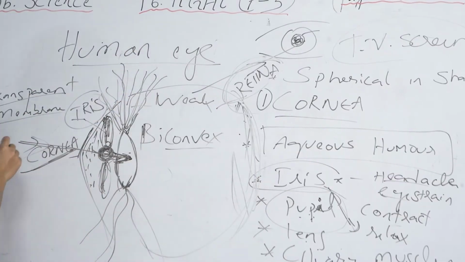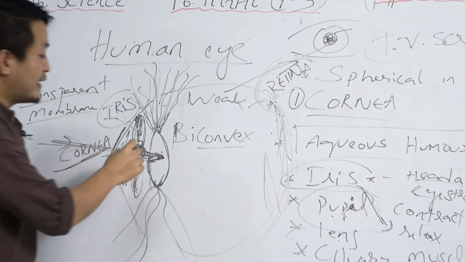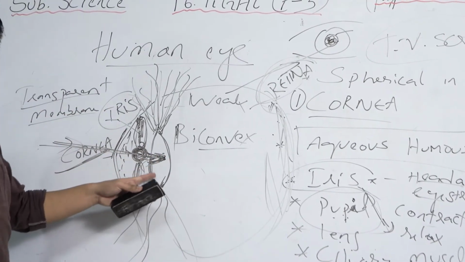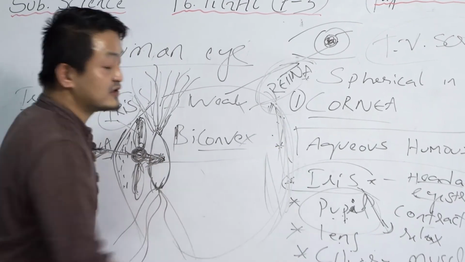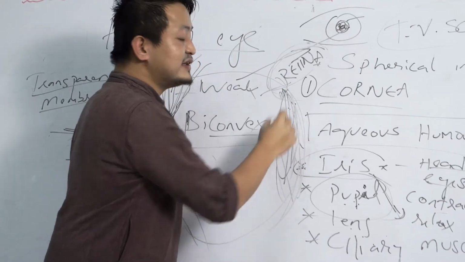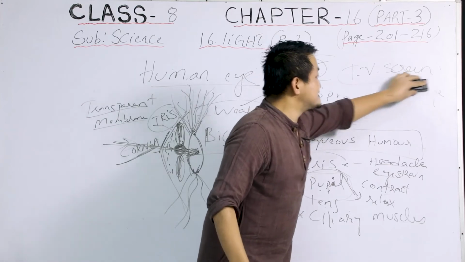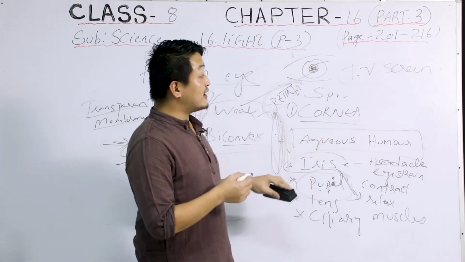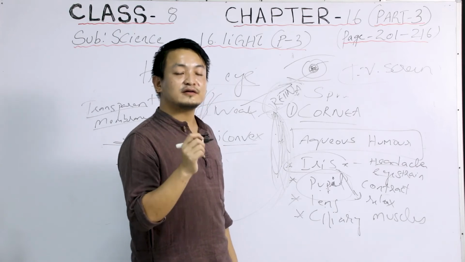So light enters our eye through this pupil, and now we have a convex lens here. Now the image will converge and reach the retina. Now this retina is like a screen in the eye, but here you have to remember two important points under retina.